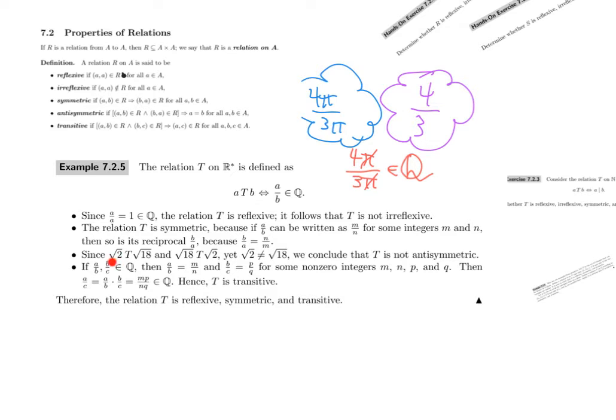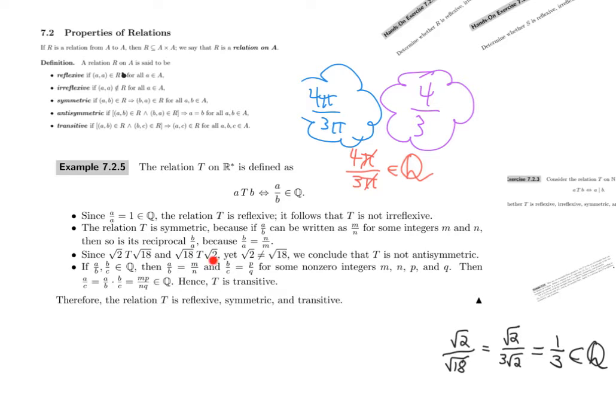Another creative example is root 2 and root 18. So think for a moment about root 2 and root 18. If I do root 2 over root 18, well, I can simplify root 18 as 3 root 2, and then the common factor of square root of 2 is eliminated, which means we have 1/3, which is rational.